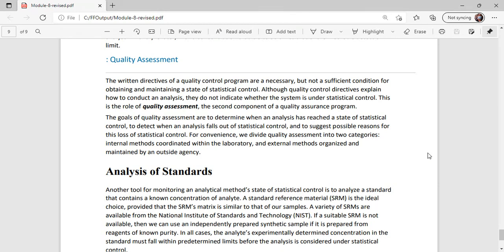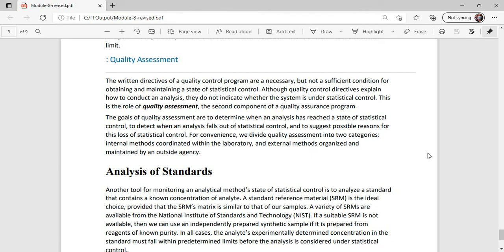This is the role of your quality assessment, the second component of your quality assurance program. The goals of your quality assessment are to determine when the analysis has reached the state of statistical control, to detect when the analysis falls out of statistical control, and to suggest possible reasons for this loss of statistical control.